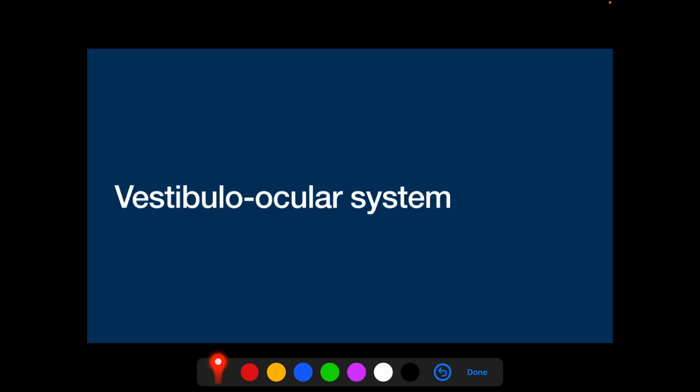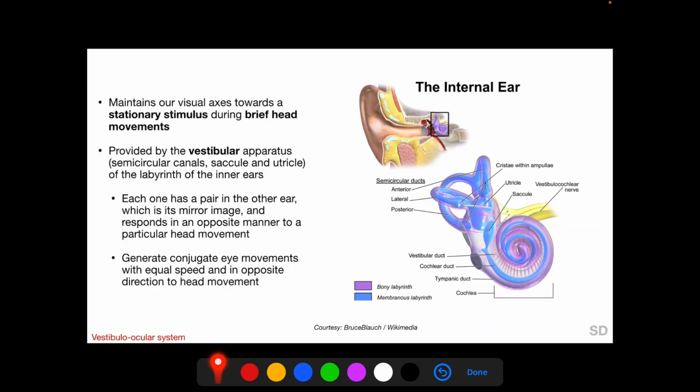Coming to the vestibulo-ocular system, a very important system which needs to be understood. The vestibulo-ocular system maintains our visual axis towards a stationary stimulus during brief head movements. So the vestibulo-ocular system becomes important when the stimulus is stationary and the head movements are brief.